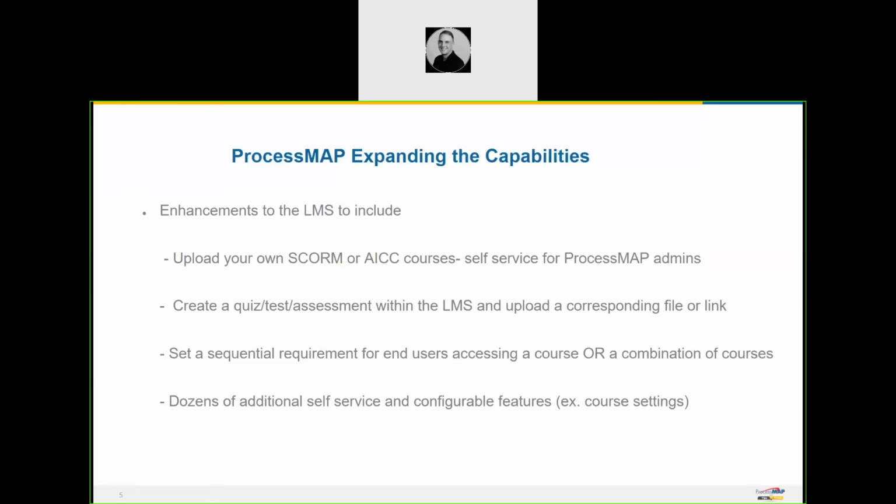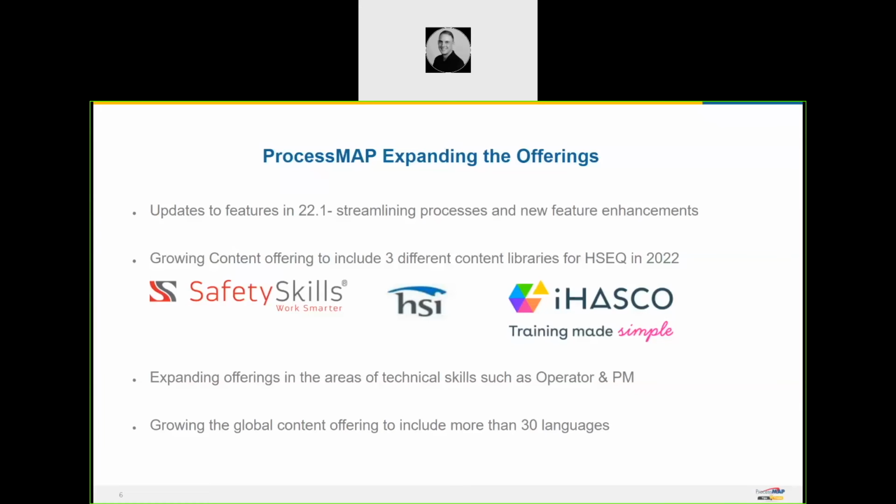So you must take course A before you can take course B. If you fail course A, you have to take course A again, etc. So there's now the ability to set a sequential requirement for end users accessing a course or a combination of courses, and there really are dozens of additional self-service and configurable features in the pending upgrade. So as we look at expanding the offerings, again, streamlining the process and new feature enhancements.